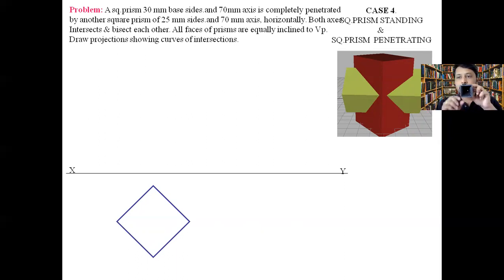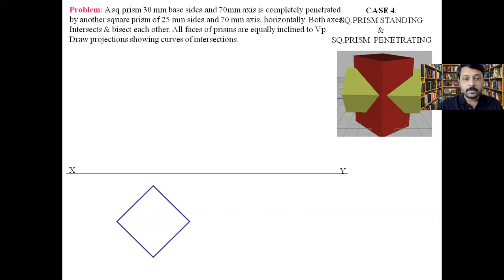If you can see, this is a square. Now what they are told, the horizontal and vertical planes are having inclination, these sides are having inclination. Okay, so that is why we have to draw like this. But if they would have said that it is not inclined, then we have to draw like this. Okay, I hope you are understanding this.